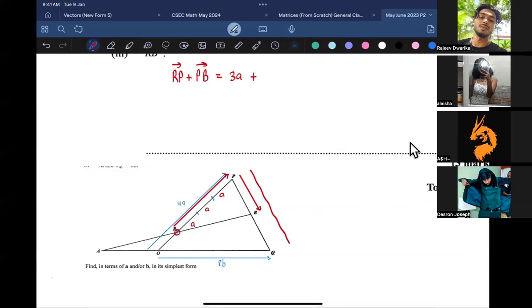Do I know what P to Q is? Check through your working. I'm sure you have P to Q in your book. No. I'm missing something. Hold on. P to Q is 4? Nah.